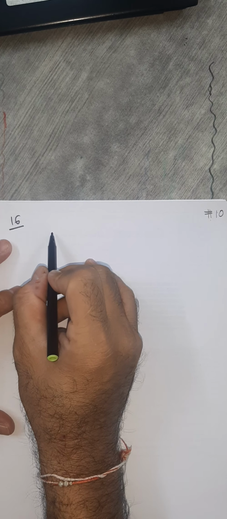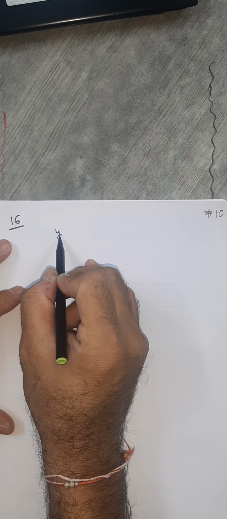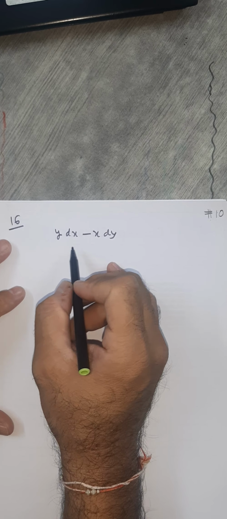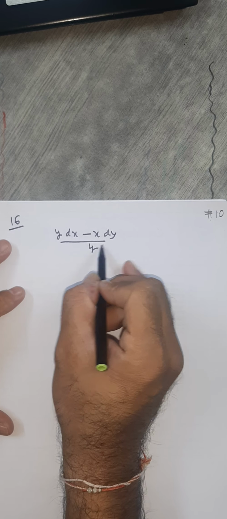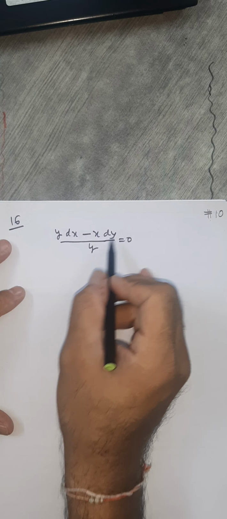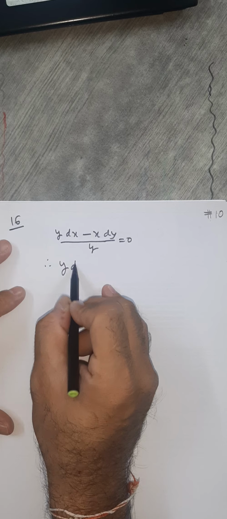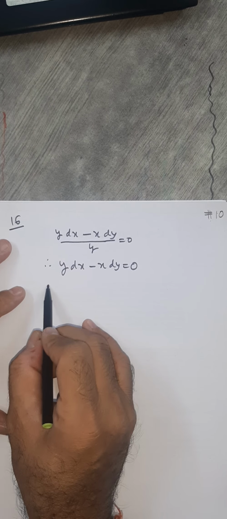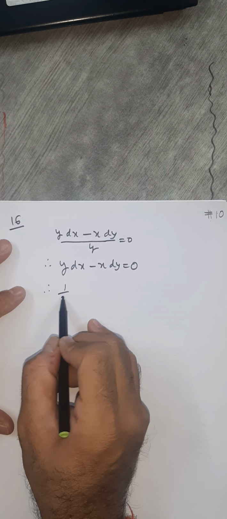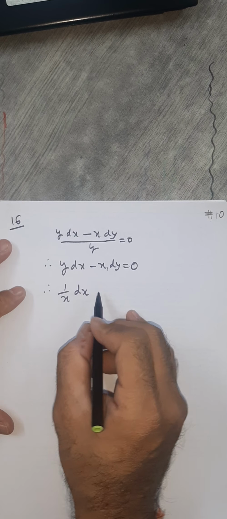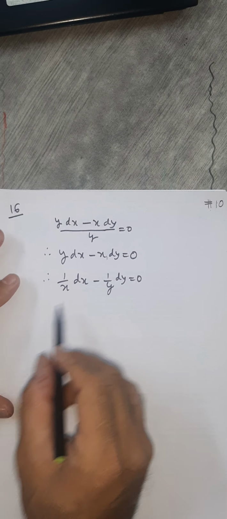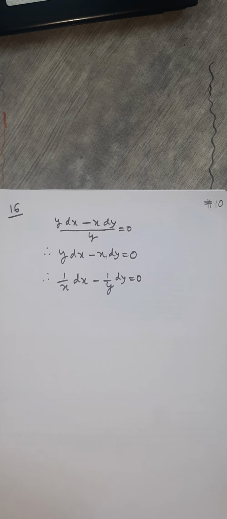Now in question 16, you are given one differential equation, y dx minus x dy, the whole upon y equals 0. The y you can take over here. This is y dx minus x dy equals 0. You can just rearrange it in variable separable form. x down here, y down here, dy equals 0. You can integrate it. What's the integral of this?